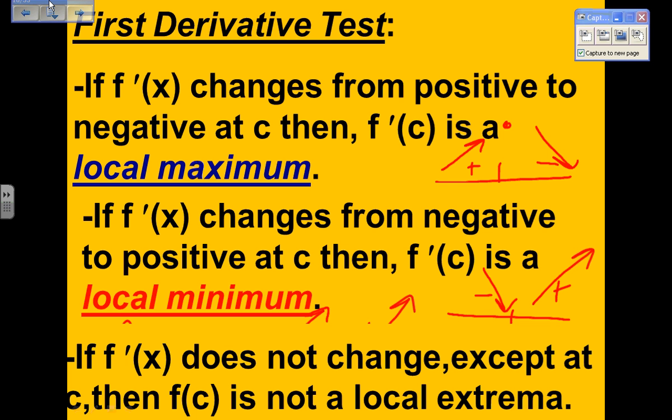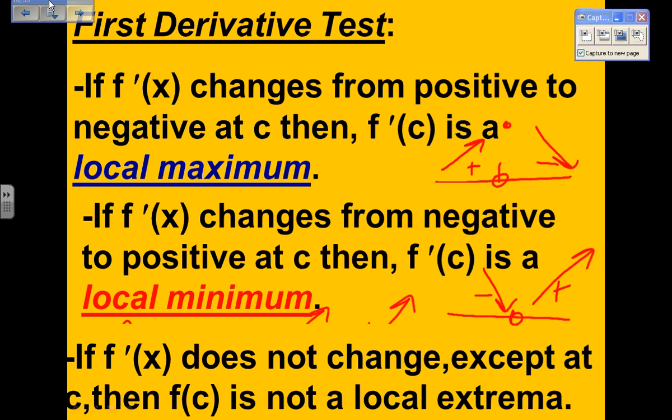All right? Yes? So you said that the derivative of x cubed is positive on both sides? Correct. 3x squared, that means it's always increasing. Oh, because it's squared. Right. If the derivative does not change except at c, where it's going to equal 0, it won't have a sign at c. I mean, at c, the value is going to be 0. That's why you don't include it. Okay? Then it's not a local extrema.